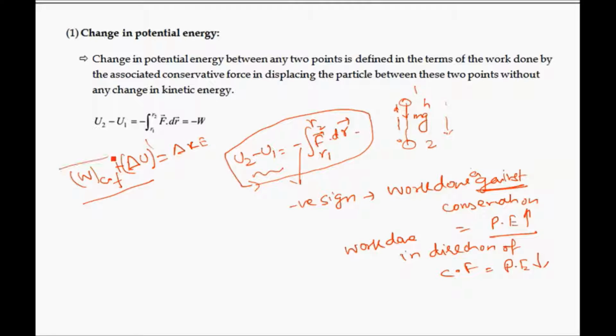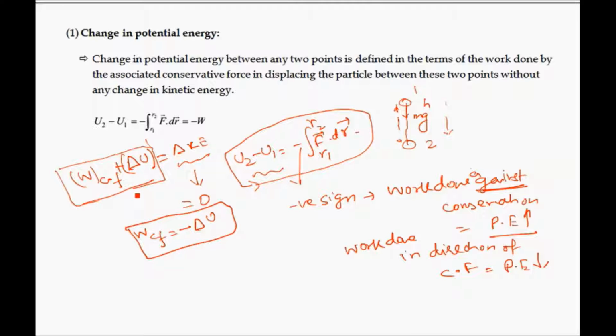As we know, the work done by the conservative force will be equal to the change in kinetic energy as per the work energy theorem. So clearly, as we are making the kinetic energy change equal to 0, the right hand side will be 0, and in this way we write that the work done by the conservative force is equal to the change in potential energy with a negative sign.